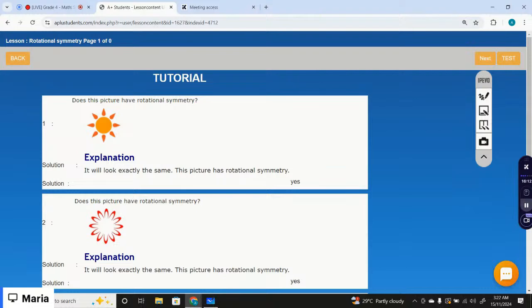Rotational symmetry means if you rotate the image, the picture is still the same, right? So yes, if you rotate the image, the picture will look exactly the same. That means the picture has rotational symmetry. The correct option is yes.